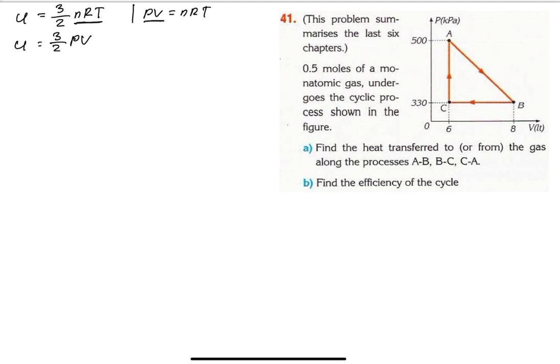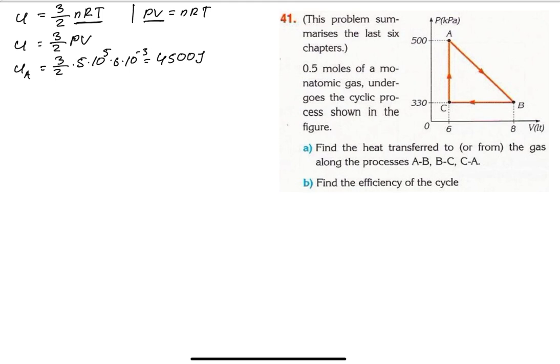Let's define their internal energies. Internal energy at point A will be equal to 3/2 times the pressure, 5 times 10 to the power of 5, times the volume, 6 times 10 to the power of -3 meters cubed. So it will be equal to 4,500 joules.